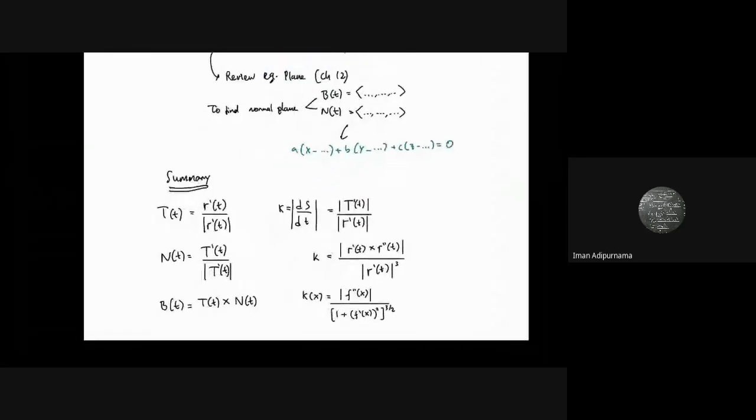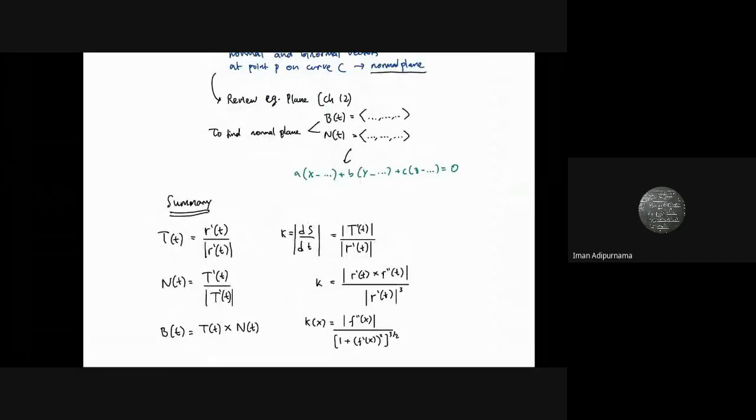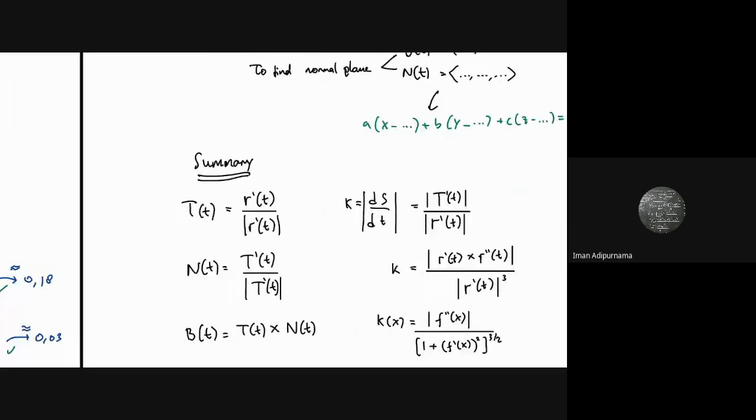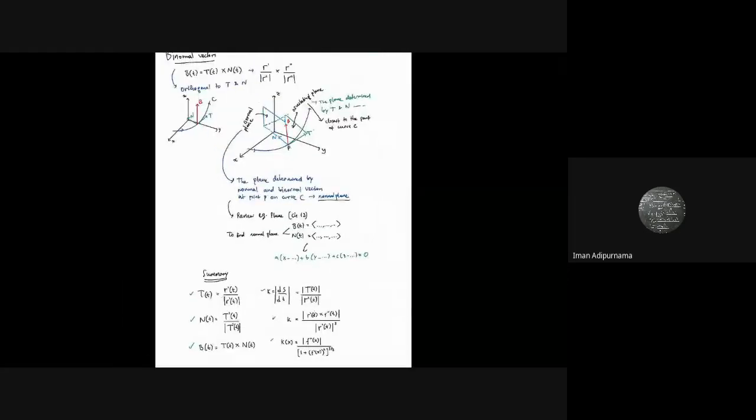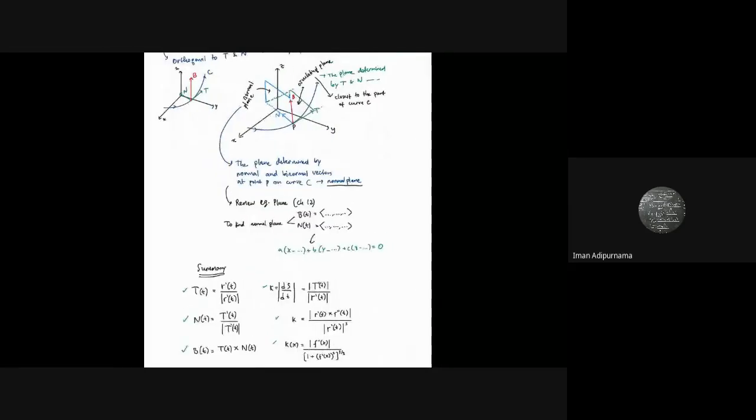Okay, that's most of the formula that we have learned: unit tangent vector, normal vector, binormal, and the curvature. Actually, there's one more. Let me finish the one more left. So this is the summary up until here, and let me add another one called the torsion.